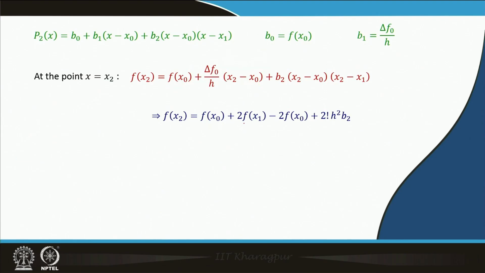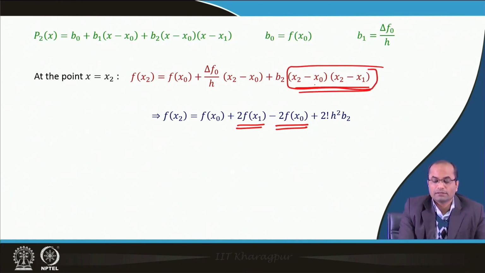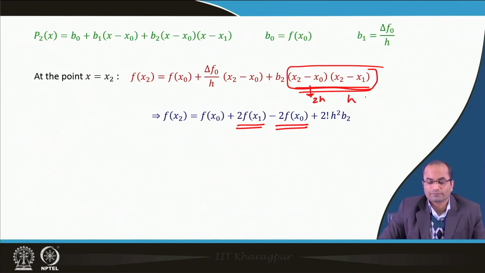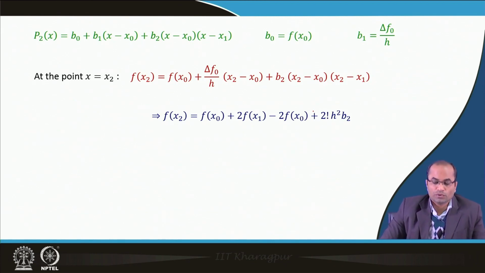So, we have 2 times f x 1 and minus 2 times f x naught, and then from here what we will get is h square because of this h and h. Here indeed we have this 2 h and here we have just h. So, we will get 2 h square, and for the generalization purpose we have written this factorial 2.